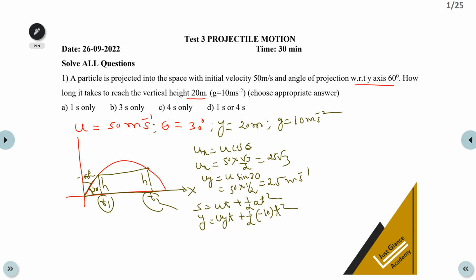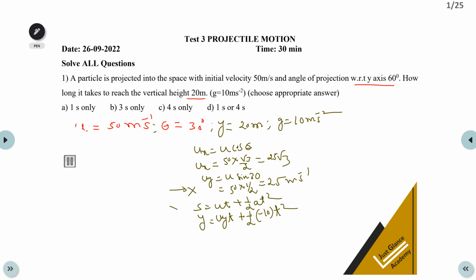Now substitute the value of y, which is 20. So 20 equals uy t, where uy is 25, so 25 t, minus 5 t squared.